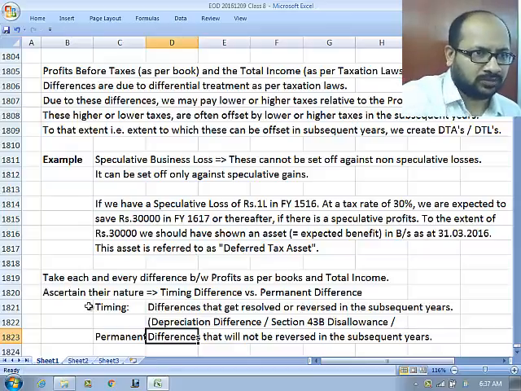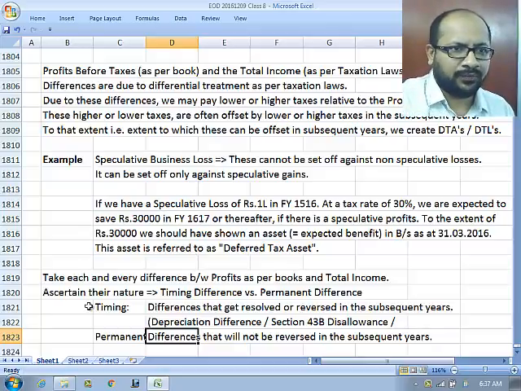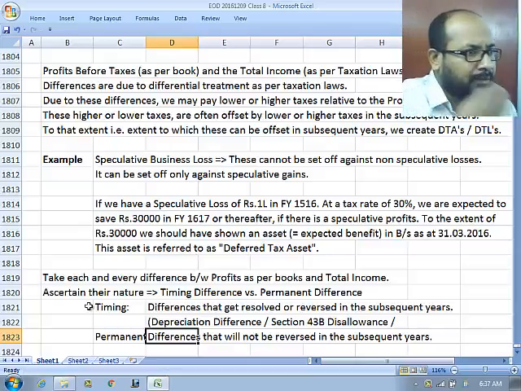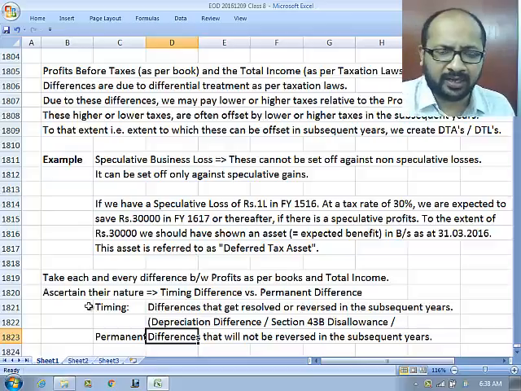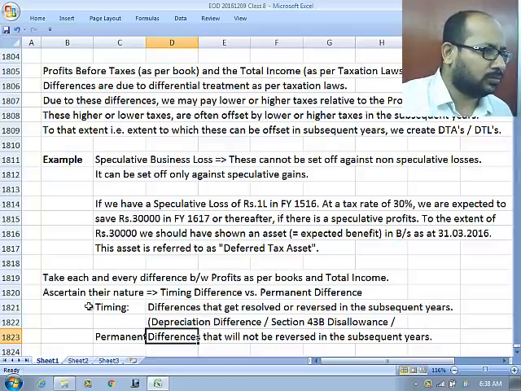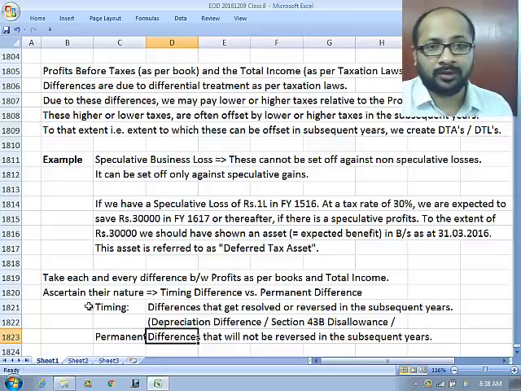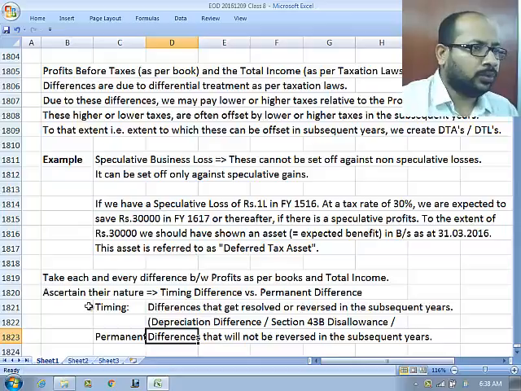Interest on loans from financial institutions: you can claim that as a deduction if and only if you make the payment on or before the due date for filing return of income. PF payment, ESI payment: you can claim those as deductions if and only if you make the payment on or before the due date for filing return of income. What if you don't make the payment?